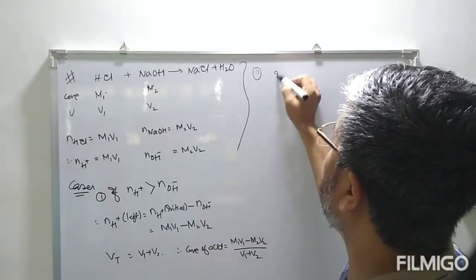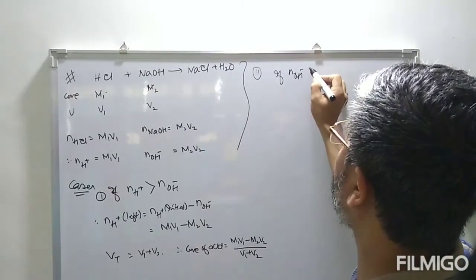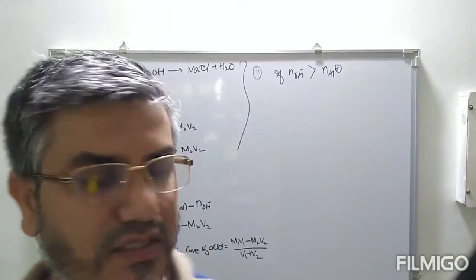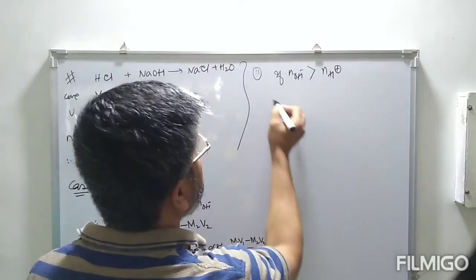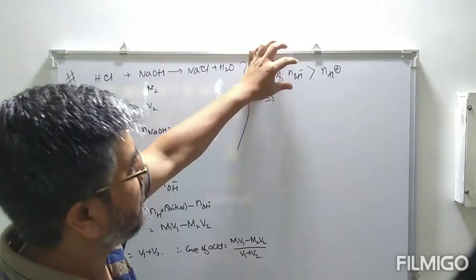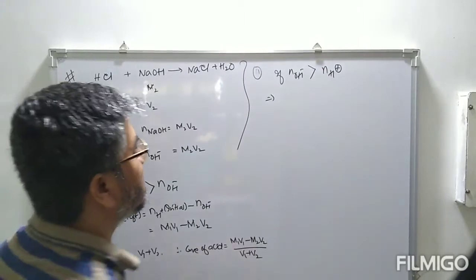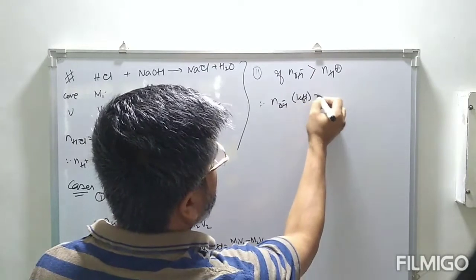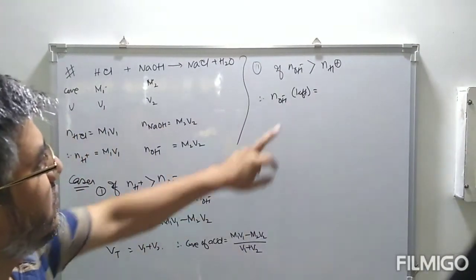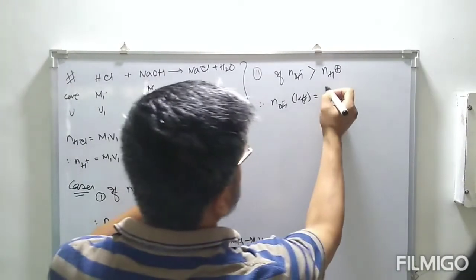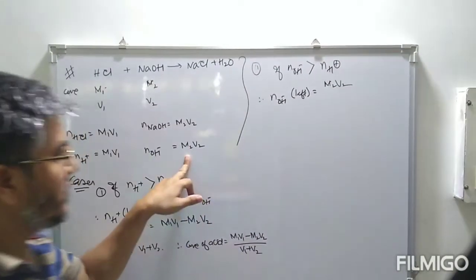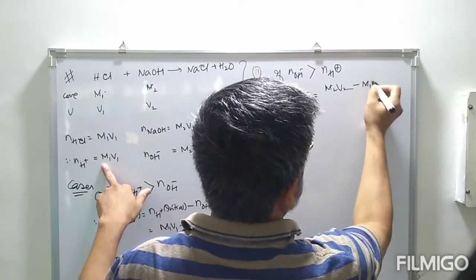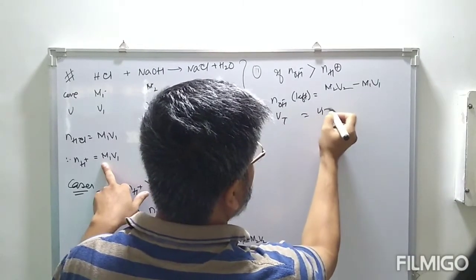Case 2, if the number of moles of base is greater than the number of moles of H plus ion. The quantity of base is greater than the quantity of acid. That means after reaction, some of the base will remain unreacted. So therefore, the number of moles of OH minus ion left will be equal to the initial quantity of base, that is M2V2, minus the quantity of base consumed by acid, that is M1V1. Total volume is V1 plus V2.